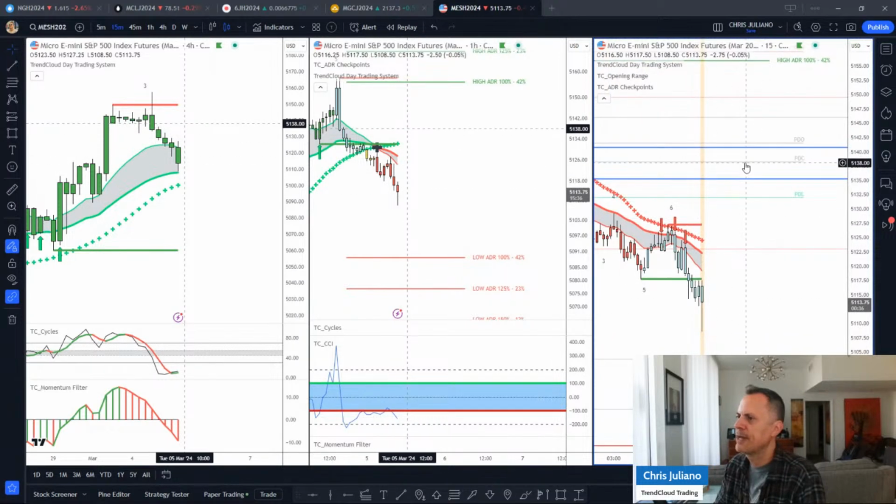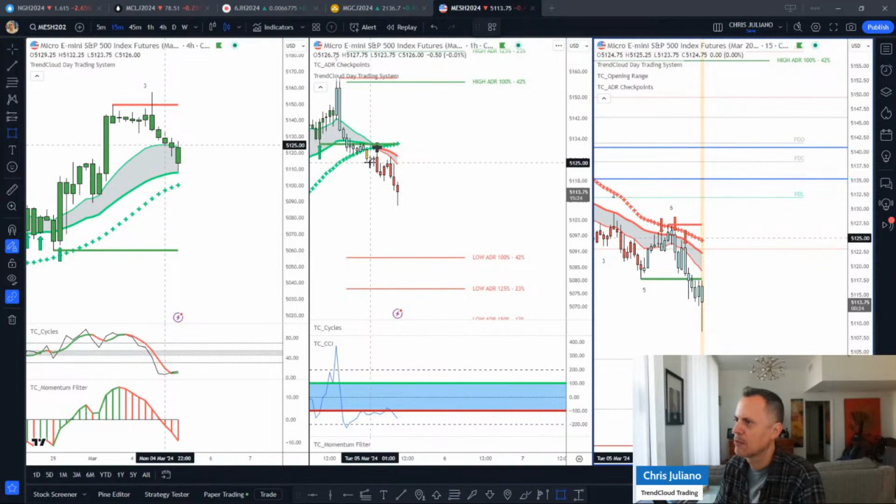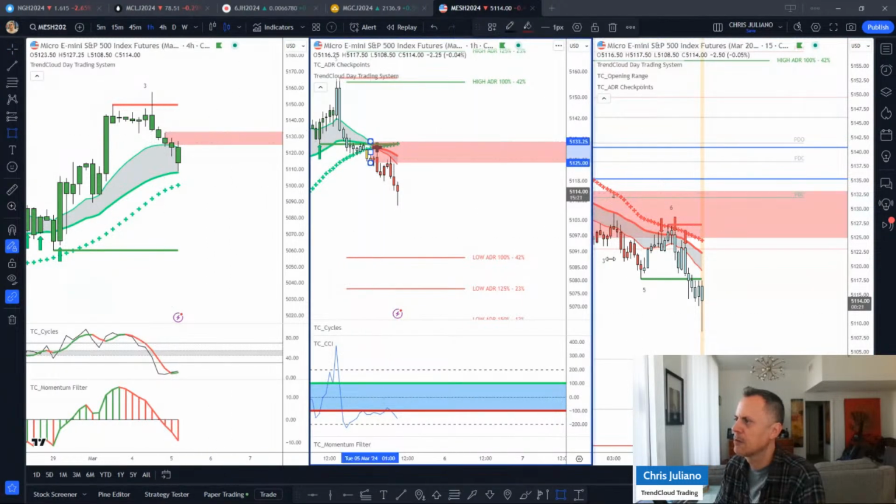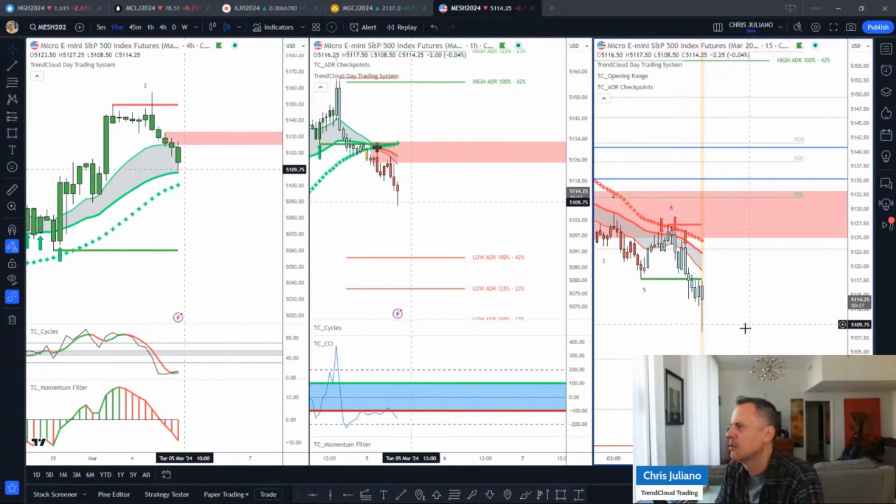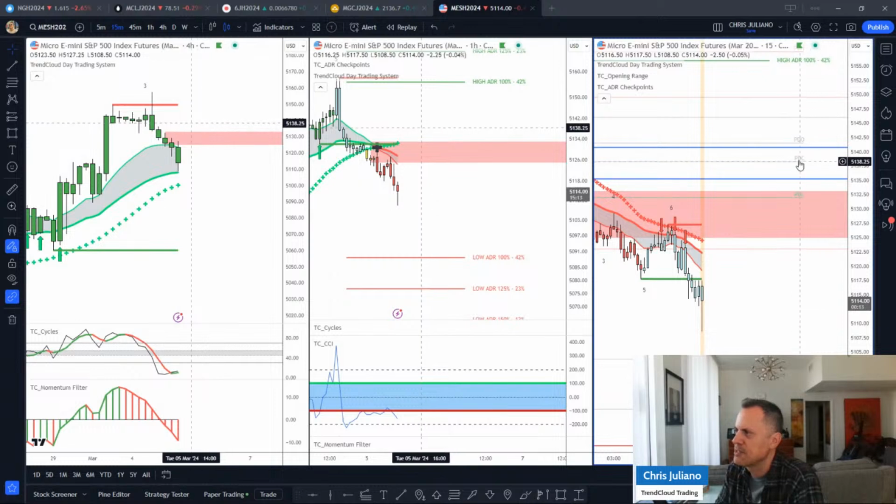Deep pullback on that lower time frame, and look at where that is. Okay, right at that 50. So from here to here, right, trend cloud and that 50 simple pulls back, maybe goes a little bit past, hits that previous day's close.